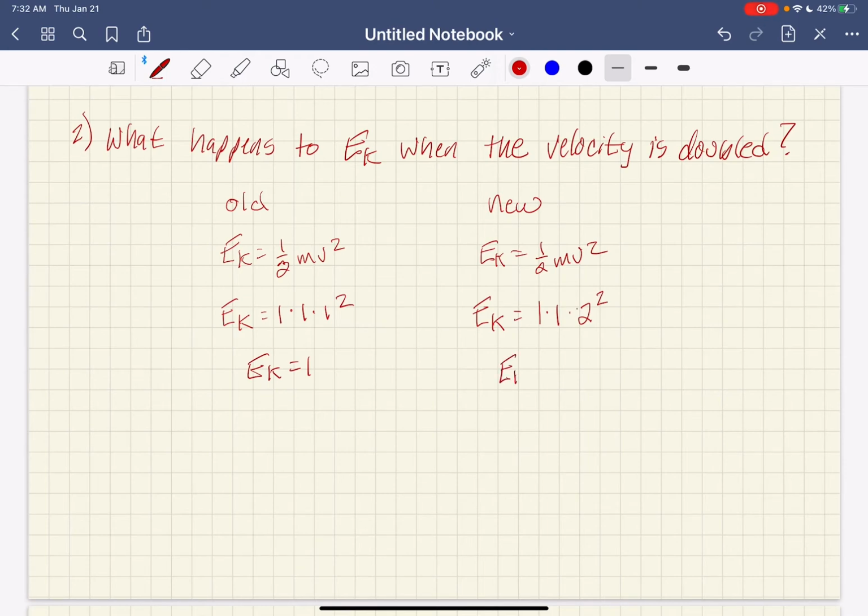So my kinetic energy is now 4 times the amount of the old kinetic energy. My old kinetic energy was 1. My new kinetic energy is 4 times the amount. So by doubling the velocity, I quadruple my kinetic energy.